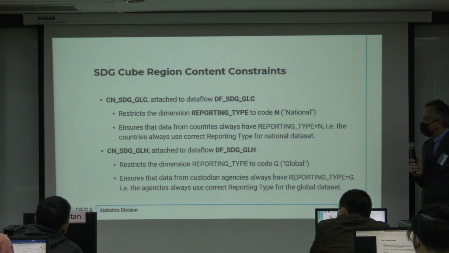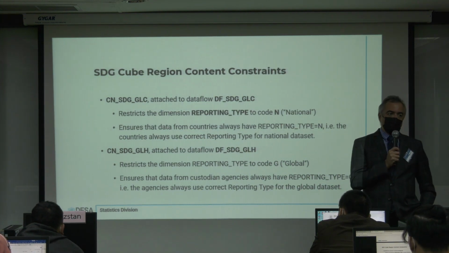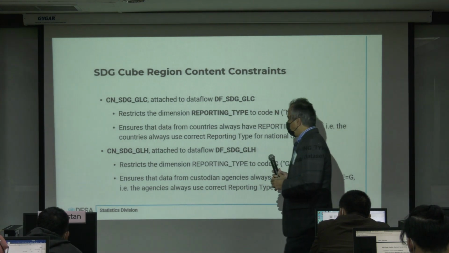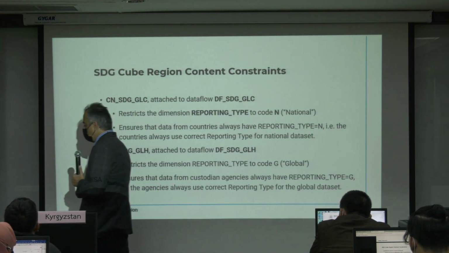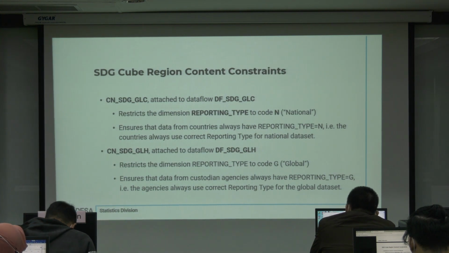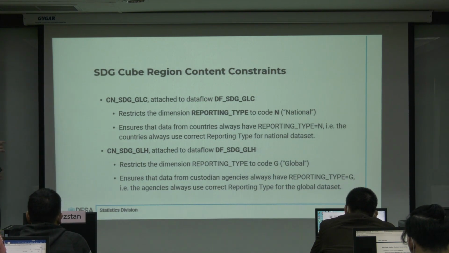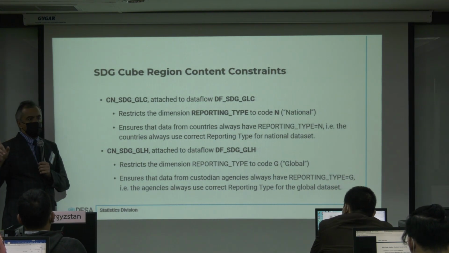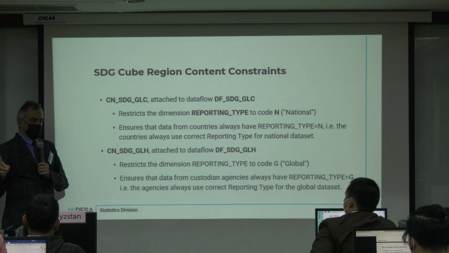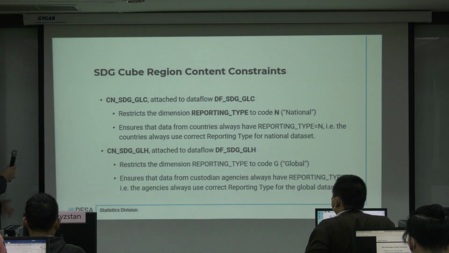Now, this is where it gets interesting. Let's talk about content constraints. We have two cube region global content constraints attached to two data flows.